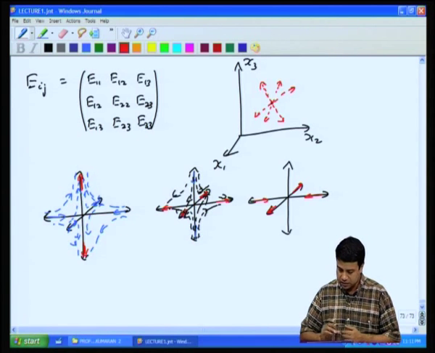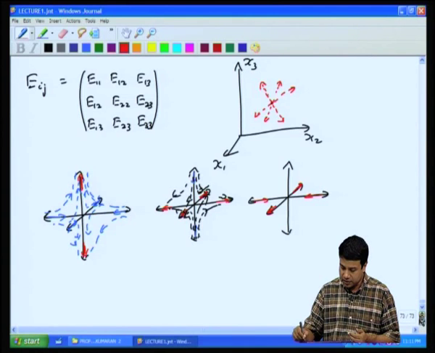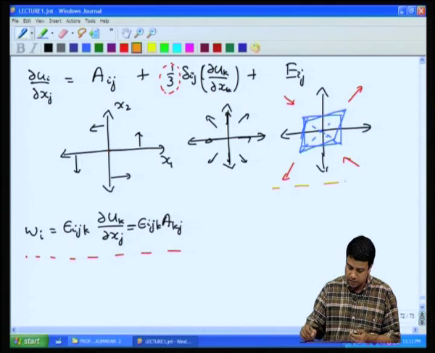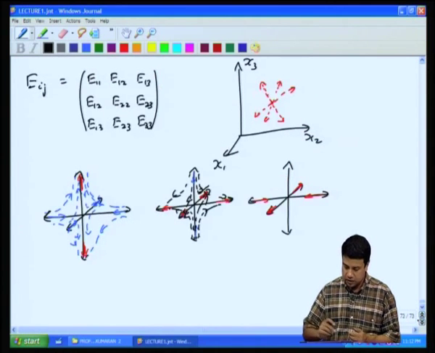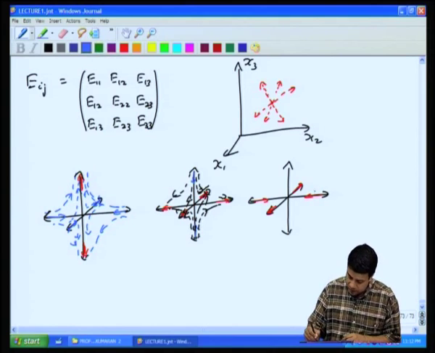So, you just have fluid that is in the plane. The same figure that I showed you in the previous lecture, deformation in the plane, is when the third eigenvalue is equal to 0. And the other 2 have to be opposite in sign and equal in magnitude. So, you just have fluid that comes in this way.